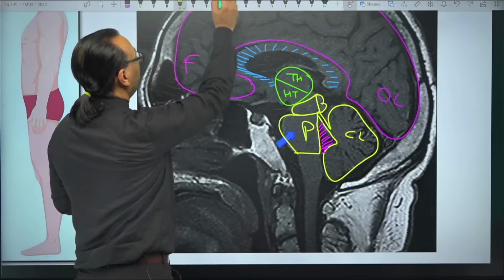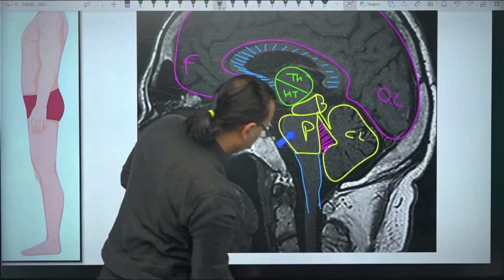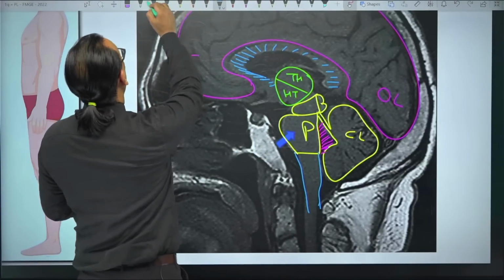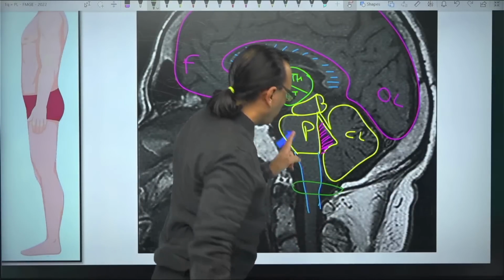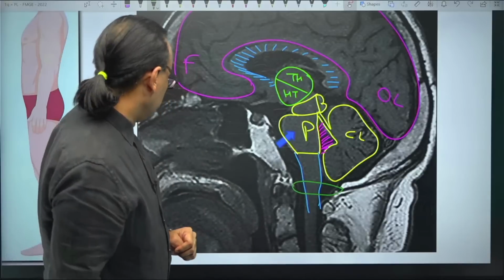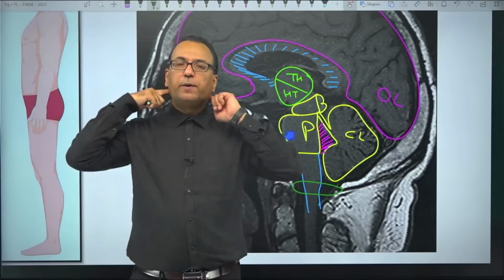Now, if that is the pons, where is the medulla oblongata? Let me change the color. This is the medulla oblongata, the one which passes through the foramen magnum. So, what passes through the foramen magnum in the occipital bone?